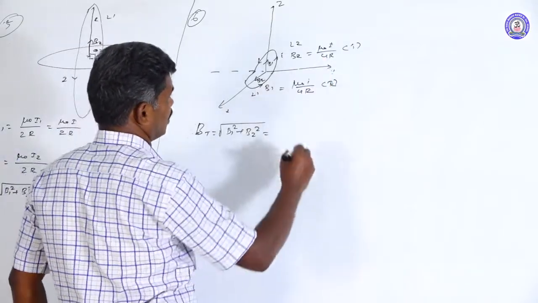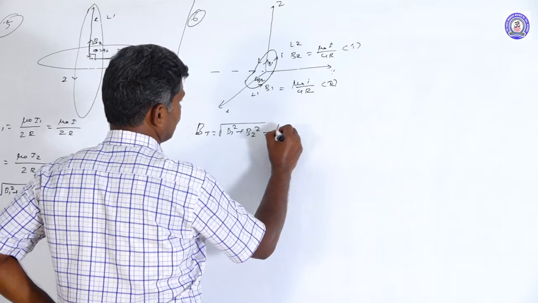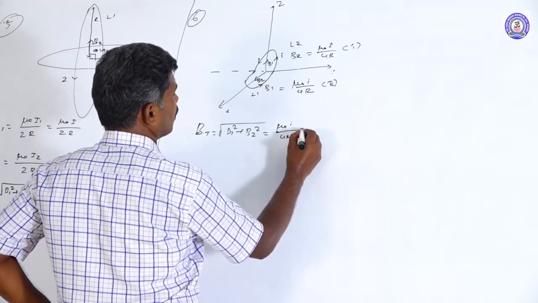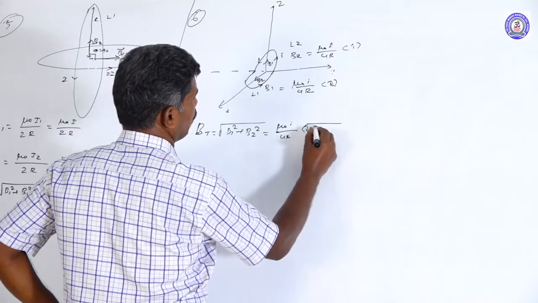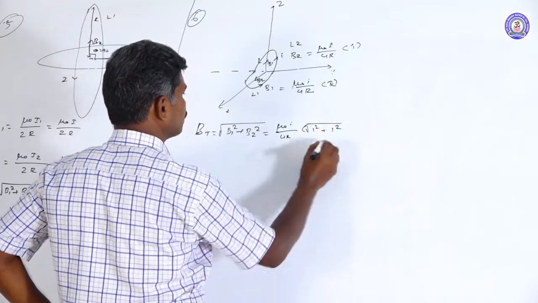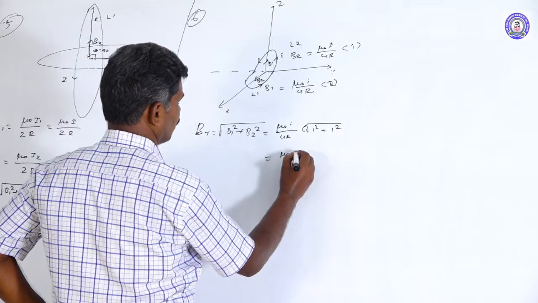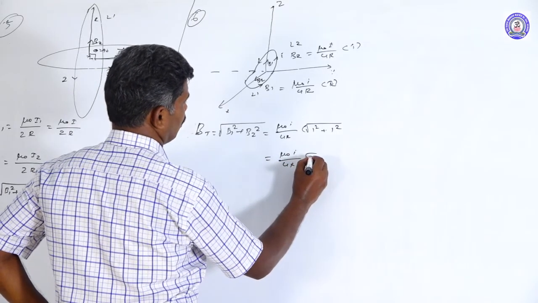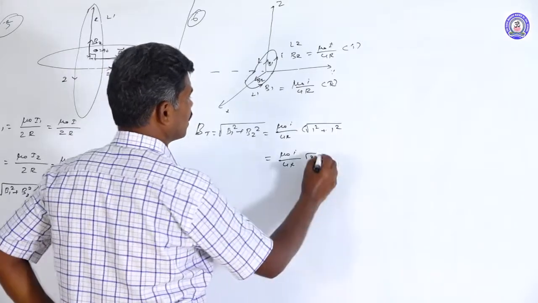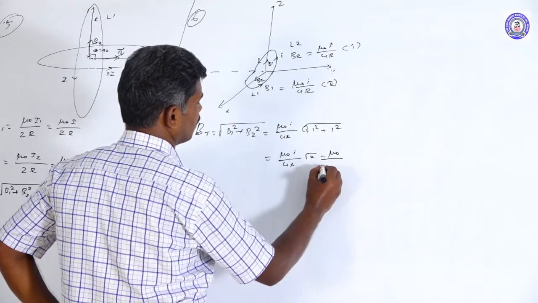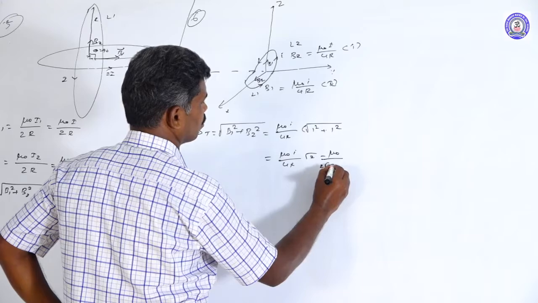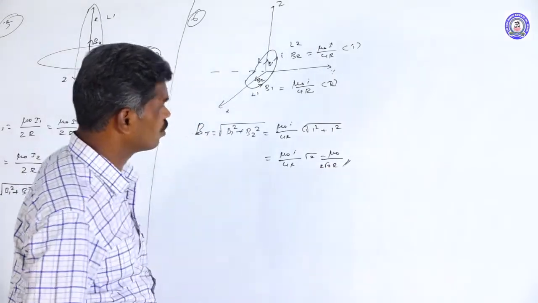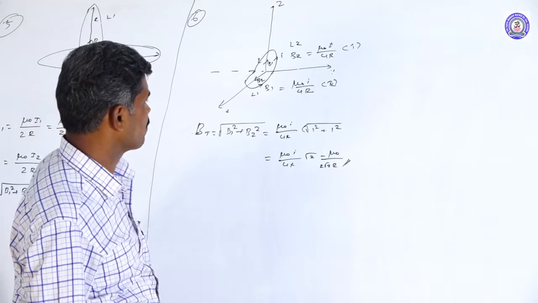The common value is taken out, mu naught I by 4r, times the square root of 1 square plus 1 square. Then mu naught I by 4r into root 2. Then we will get mu naught I by 2 root 2.